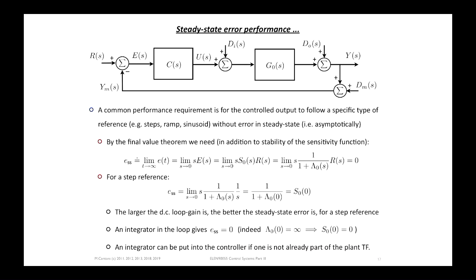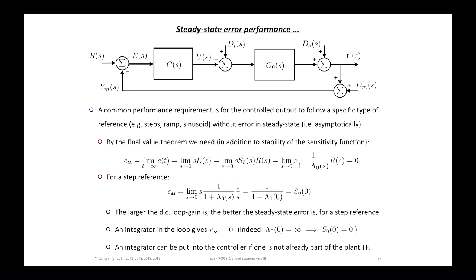Let's just suppose these are all 0, and we've just got a constant reference here. The Laplace transform of the error signal will be the output sensitivity function S0 times the reference. The transfer function from here to here is the same as the transfer function from here to here.